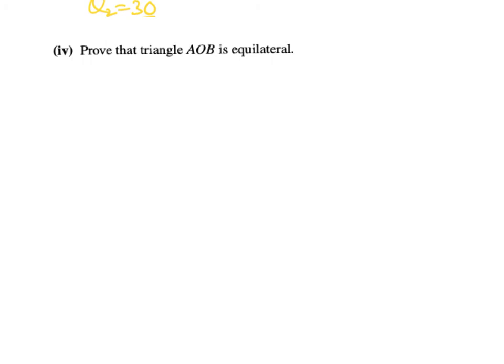Okay, the last part of the question: prove that triangle AOB is equilateral. We know that for an equilateral triangle, all three sides are equal, so the lengths are equal, and the angles are equal. Since we have the coordinates, I'm going to work with the lengths. So let's work with length OA.